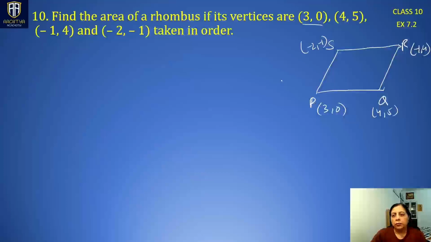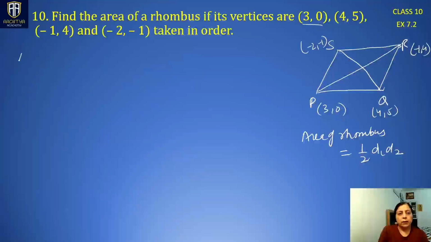So the area of rhombus you have learned. If we take it as a parallelogram, it is base into height. But since height is not given here, the area of rhombus has another formula which is half d1 d2. d1 d2 means diagonal 1 and diagonal 2.